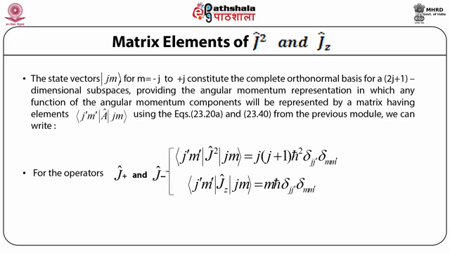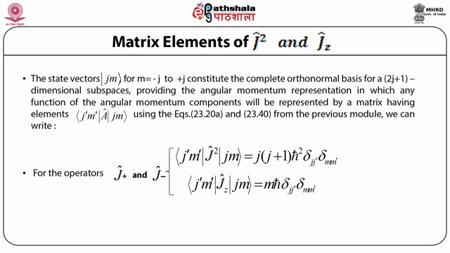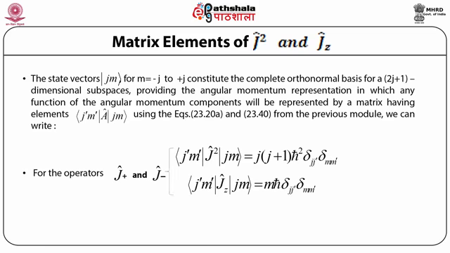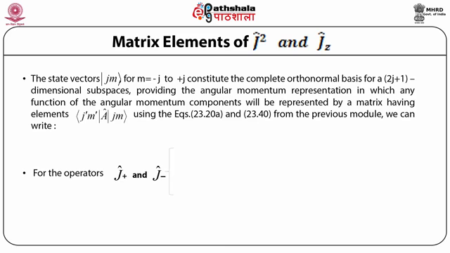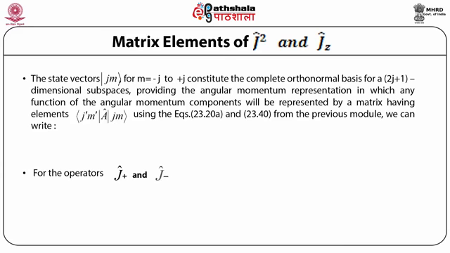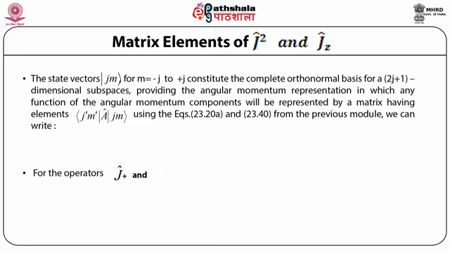Similarly, if we try to find out the matrix elements for the operator Jz, we can have a similar representation. Bra vector <J' M'| operator Jz ket vector |J M>, and this gives us the final result M H cross delta J J' delta M M', where M is the magnetic angular momentum number.